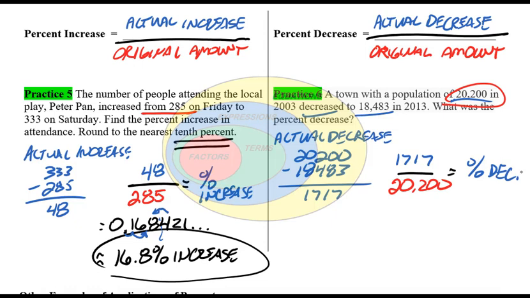If I plug that in the calculator, 1,717 divided by 20,200 comes out to be 0.085 exactly. Converting this to a percent, moving over 2 decimal places, this is equal to 8.5%, so this would be an 8.5% decrease.